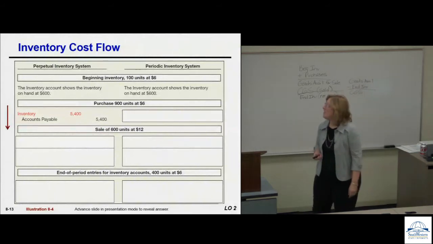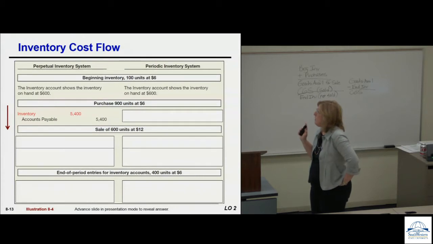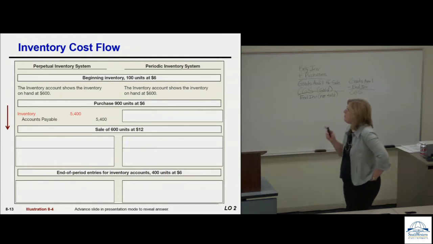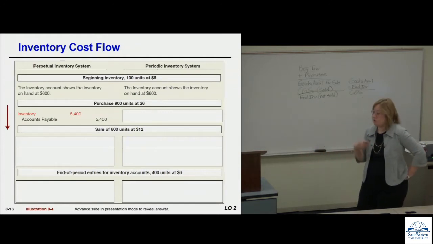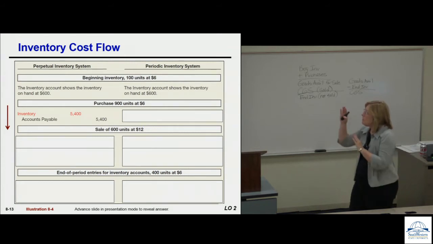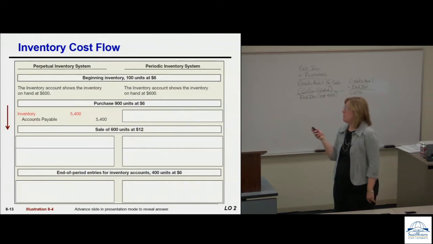So under the perpetual system, remember, when we purchase something, it goes into inventory, right? Where does it go under the periodic system? Do y'all know? Not under the periodic, because we don't know what's in inventory. We don't keep track of it that way. When we get there, we'll see where it goes. So every time under the perpetual system, all these entries are going to go to inventory. So we purchase something, it goes to inventory.